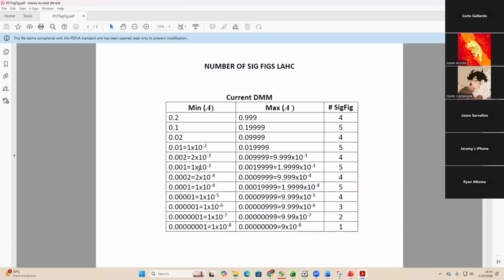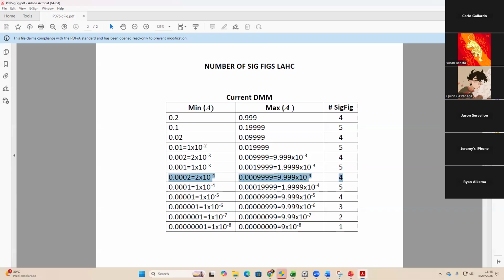Half milliamp. Let's see, should be here. Yeah, should be this one here. That's 2/10 of a milliamp. That's 9/10 of a milliamp. So it should be 4 significant figures.